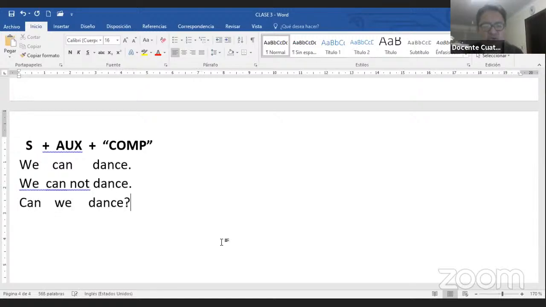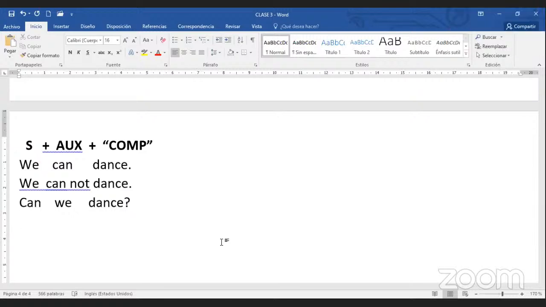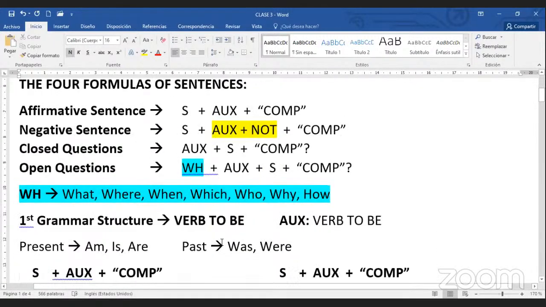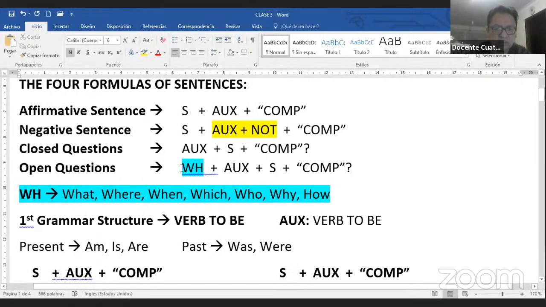Very good. And finally, Liber, can you give me an open question? What is the formula? Here it is.